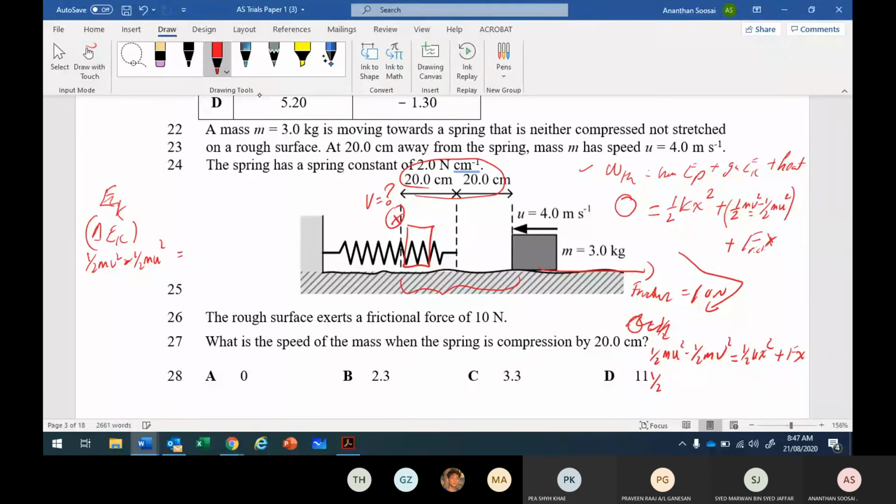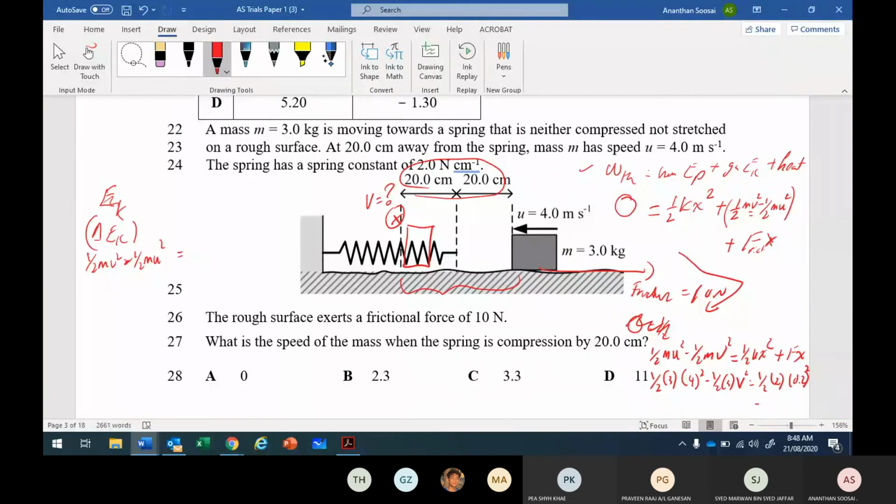Half, m is how much? 3 kilogram. U is how much? 4 squared, minus half 3 and we are looking for v squared. K is 2. How much was it compressed? 20 centimeter, so we write in meter, 0.2 squared.